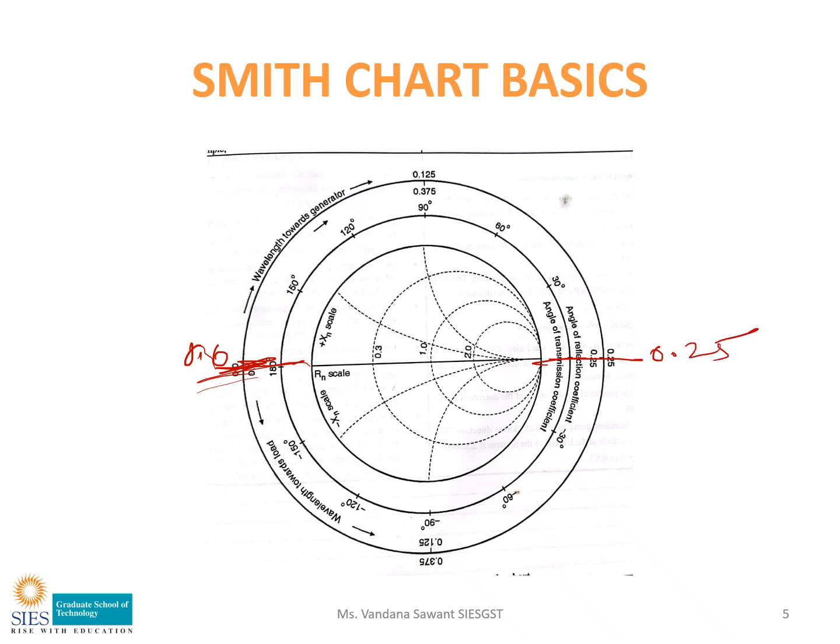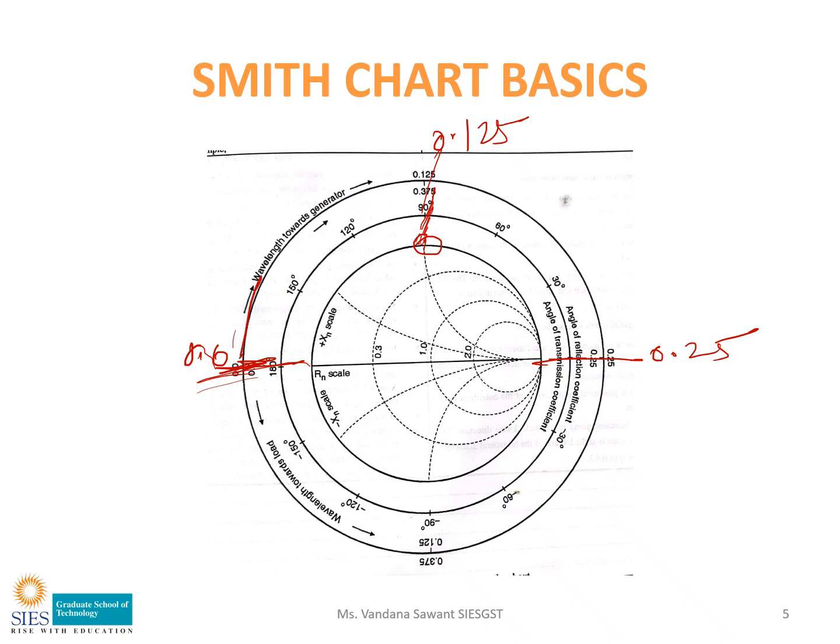Now if you see j1, this point j plus 1, if you draw the line passing through this point j1, here it is written 0.125. So you need to locate this circle which has these values.